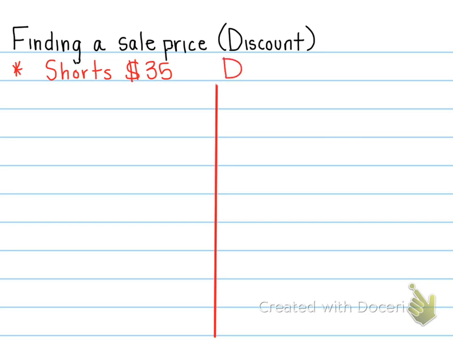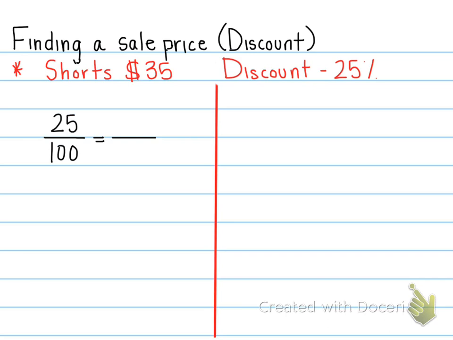So the discount is 25%. Okay, so one way we can think about this, we can just set up a proportion. We know that the percent off, we always have 100, the percent off is 25%.